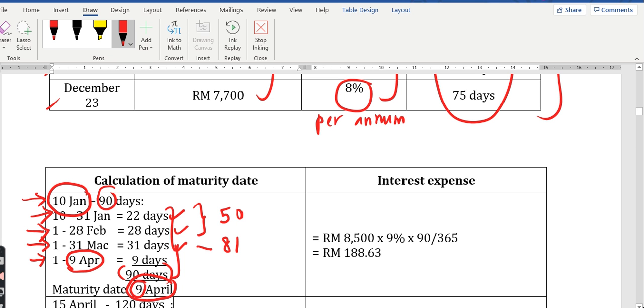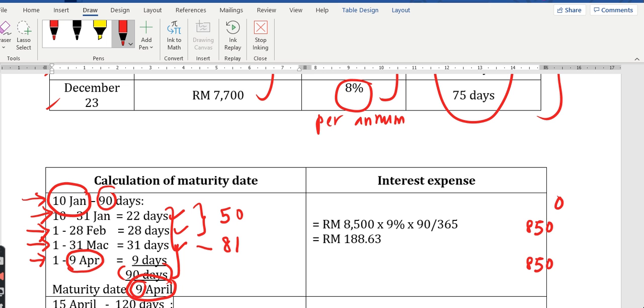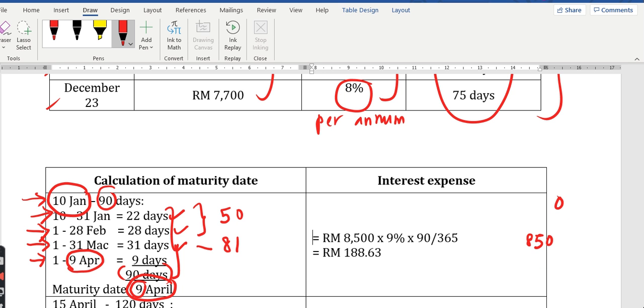How much are you supposed to pay? The principal is 8,500, so I need to pay 8,500 as usual. And I need to pay for the interest as well. So you are paying 8,500 for the principal, and the interest is 9% times 8,500 times the maturity period.